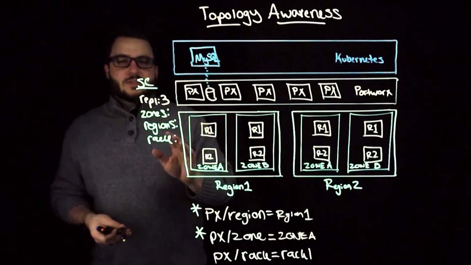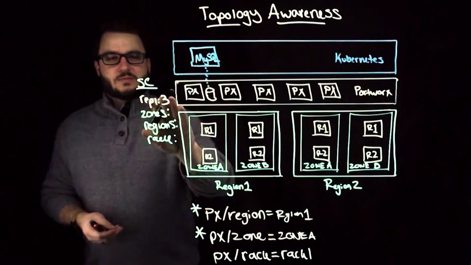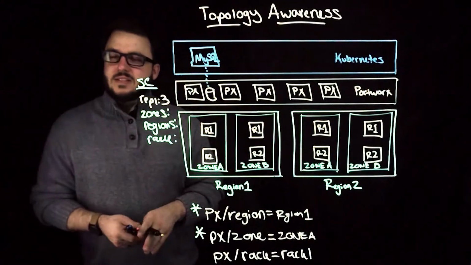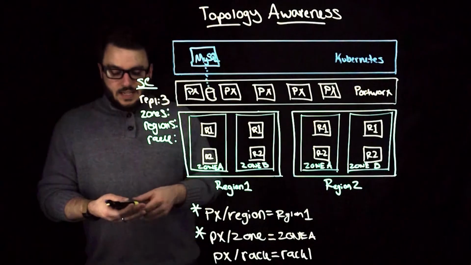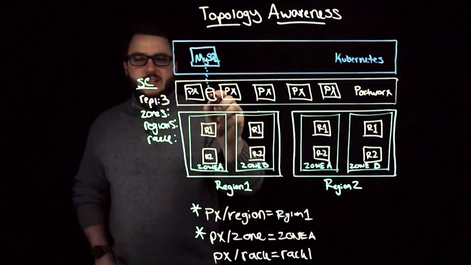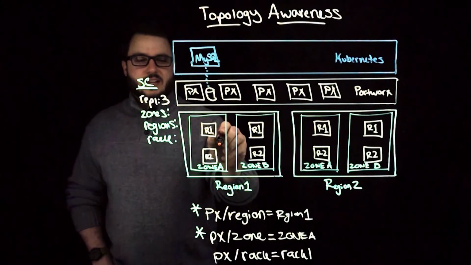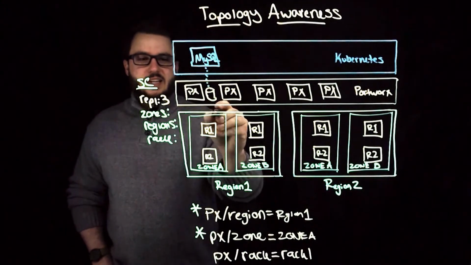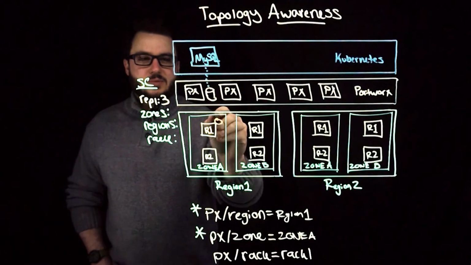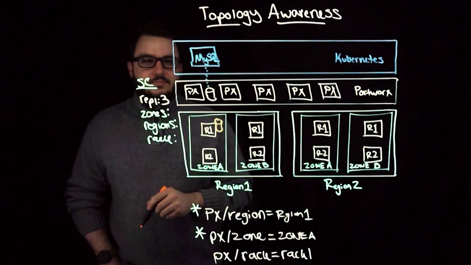So if I were to configure my storage class for MySQL to use this type of storage, 3 replicas across all of these zones and regions, what will likely happen is we will have 1 replica in region 1 and on zone A in rack 1. So we'll have a replica here.